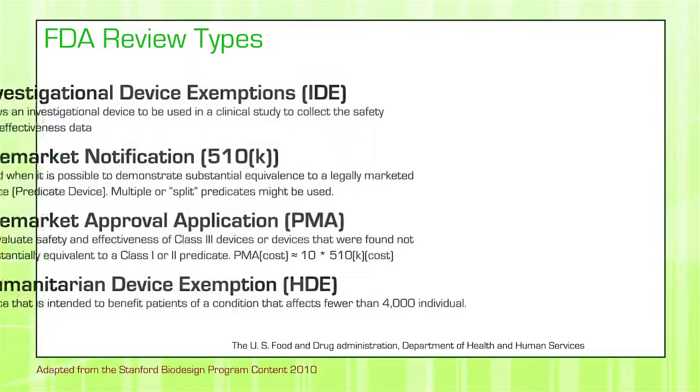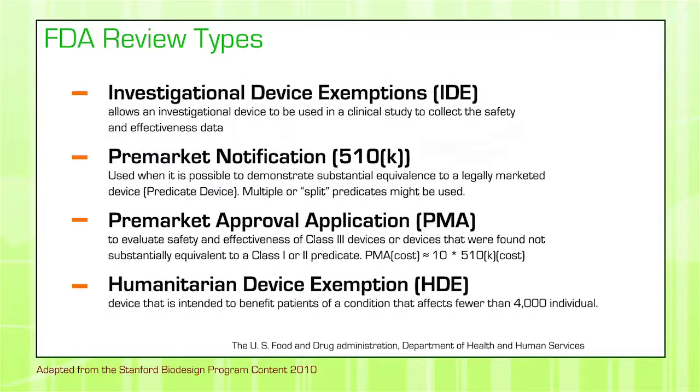After having that, and after having gathered your data, either through an IDE or even if you didn't require this exemption for clinical studies, you're going to have 2 different pathways to use in order to get regulatory approval for commercialization.